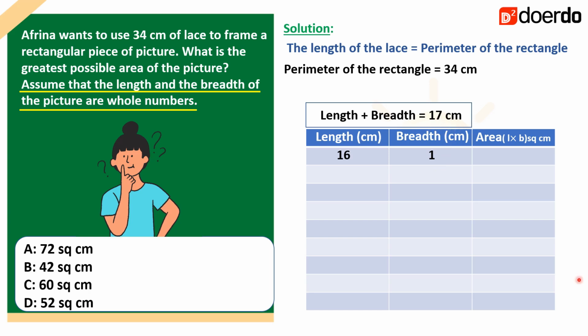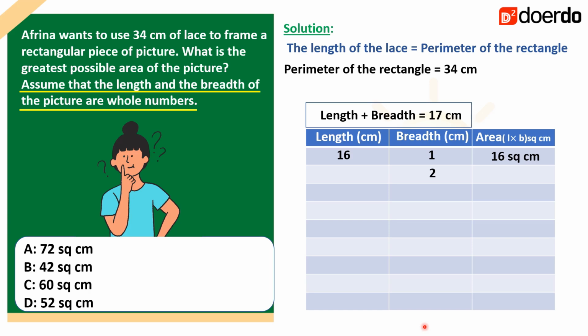In a similar way, we are going to find the different possible length and breadth measurements. For this assumption, we can find the area value. That is, length into breadth, which is 16 into 1, which equals 16 square centimeters.